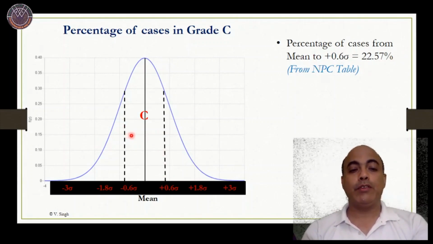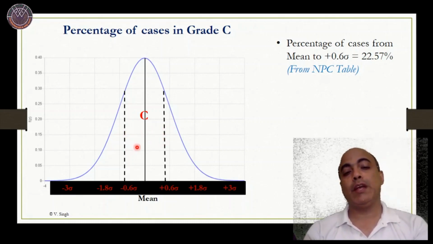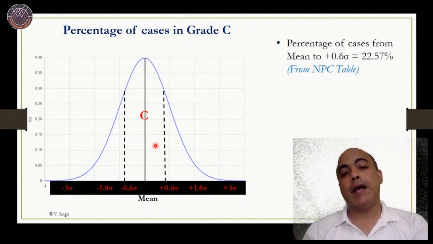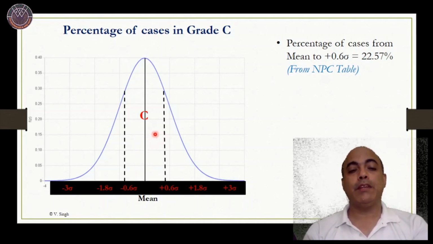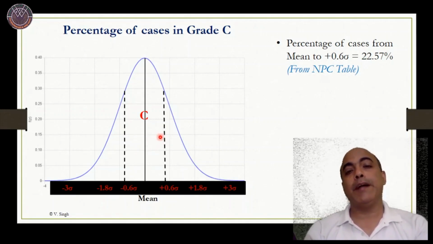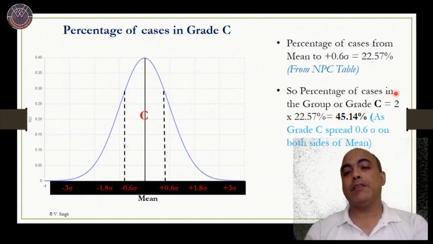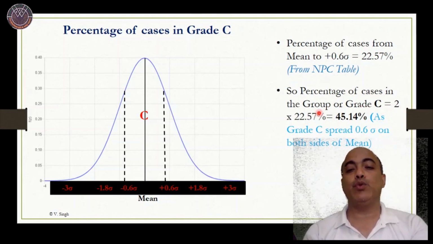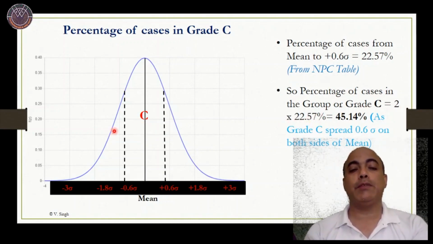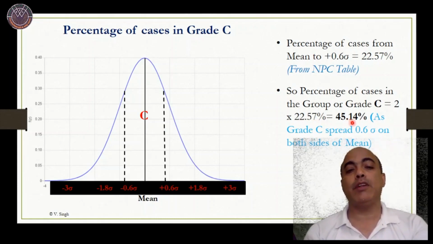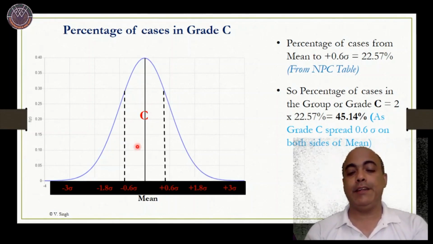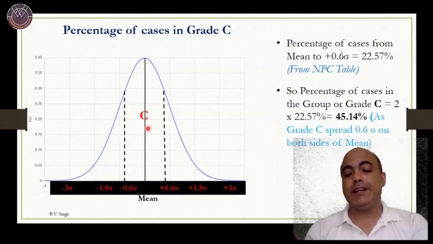Because this grade is spread in both directions up to 0.6 sigma, we can simply multiply the percentage of cases in each direction by 2. So 2 into 22.57% is 45.14% of cases lying in grade C.